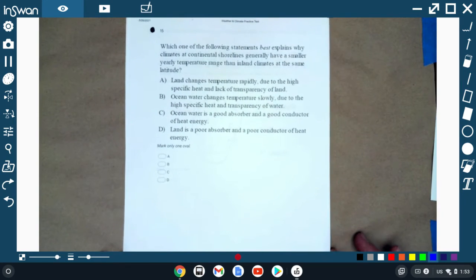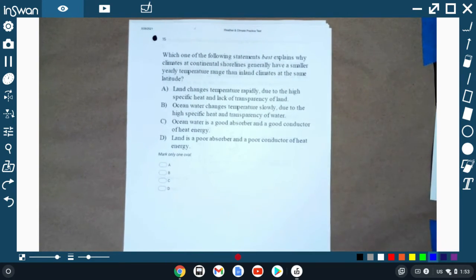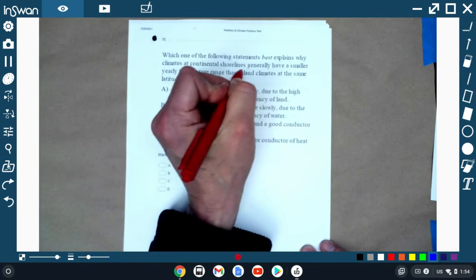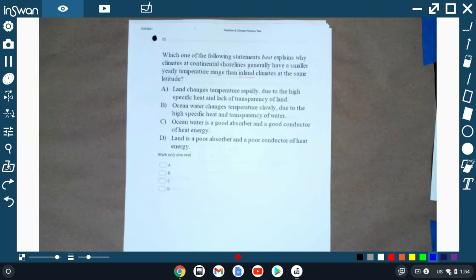Question 15, which of the following statements best explains why climates at continental shorelines generally have a smaller yearly temperature range than inland climates at the same latitude? So we're talking about locations that are by the shore, by the ocean, say someplace like New York City, Boston, Los Angeles, compared to inland, which is maybe like us here in eastern New York State, or maybe in the middle of the country, somewhere in Nebraska.